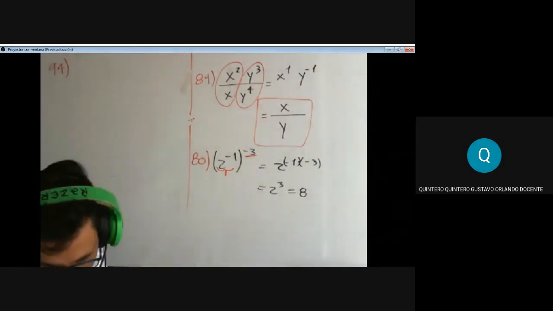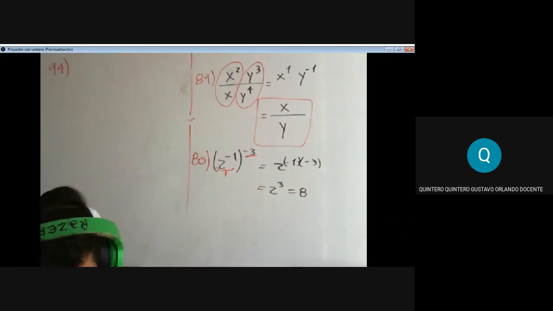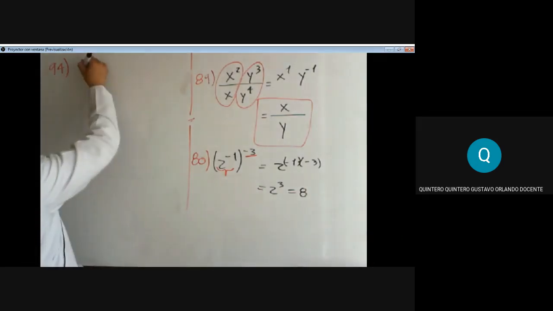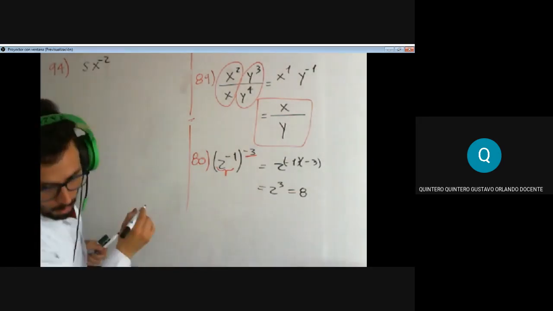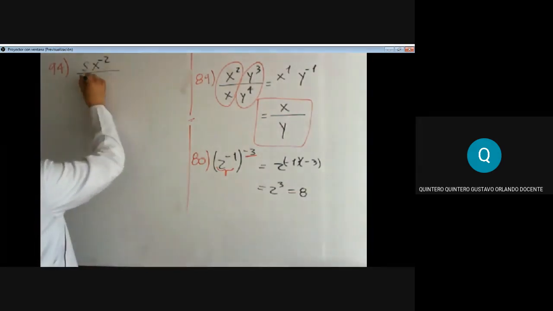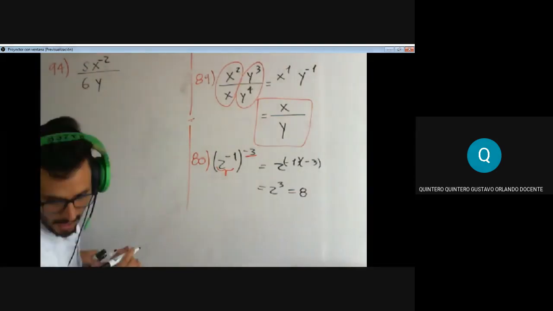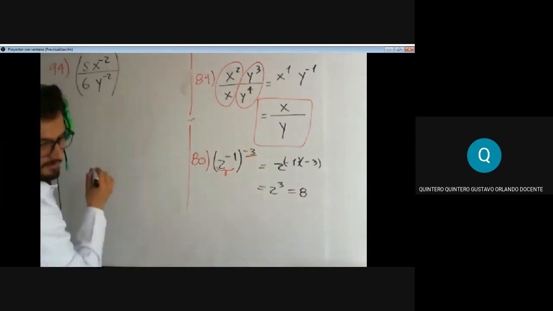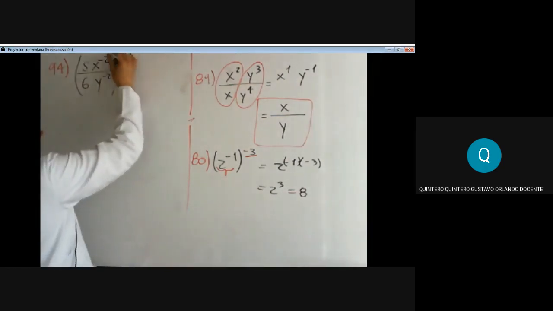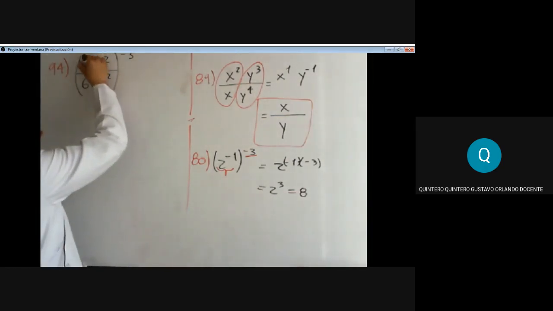Okay. So 5 times x to the negative 2, over 6 times y to the negative 2. All of these elevated to the negative 3rd power. Beautiful.